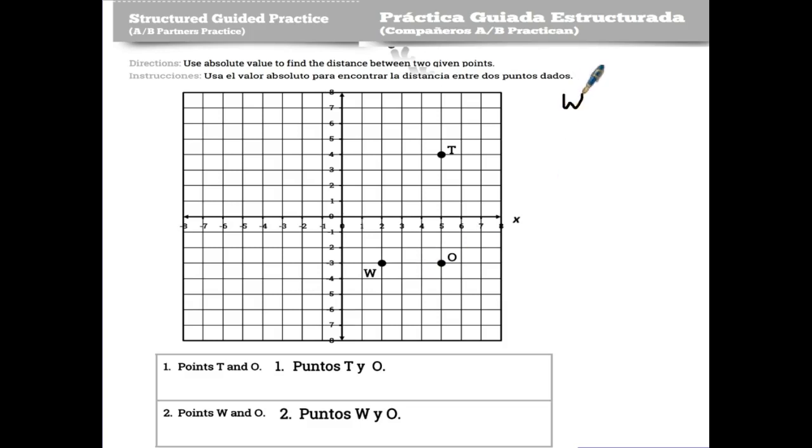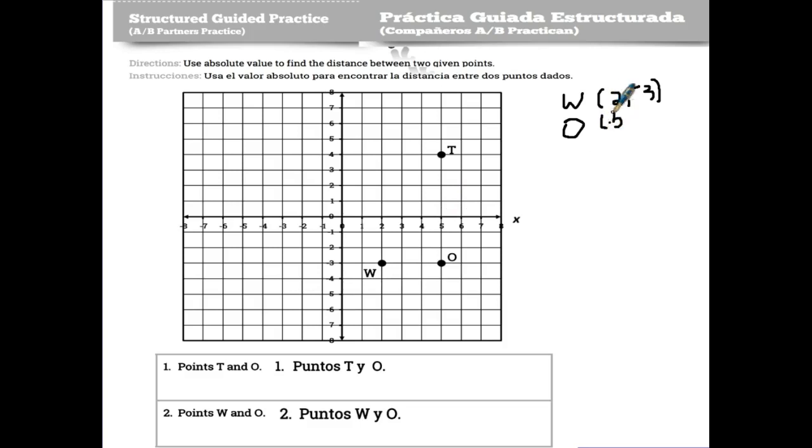Okay, so I'm going to do the same thing again. I'm going to find the coordinate points for W and for O. For W, my X coordinate is 2. My Y coordinate is -3. So I have 2, -3 for my ordered pairs, or my coordinate points for W. For O, my x coordinate is 5.